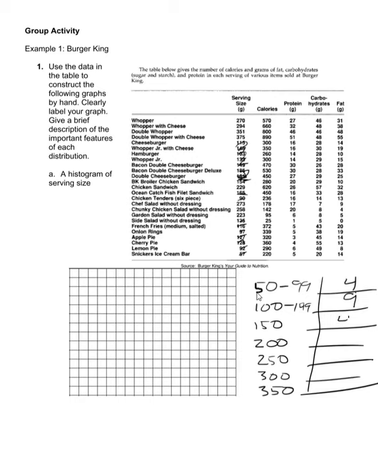And then the 200s, any 200s to 249s? 1, 2, just 2. And then how many 250s? We got 1, 2, 3, 4. And then how many 300s? Uh-oh, we have 0 300s. Oh no, that's okay, right?